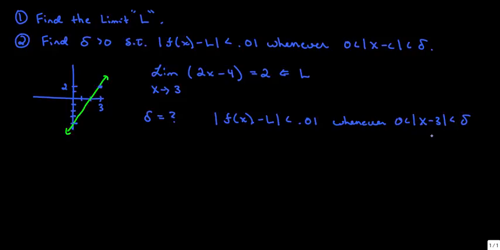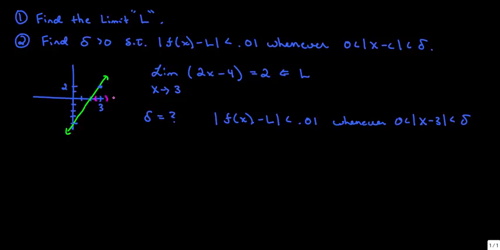So basically what's going on here is we're constructing an area around 3. Our x values have got to be very close to 3. That's what this absolute value means. It means how far away from 3 are your x values. We want the difference between them and 3 to be less than some small amount delta.